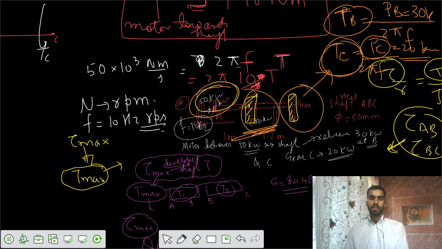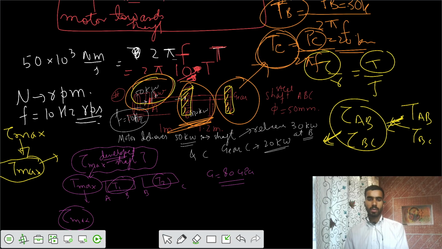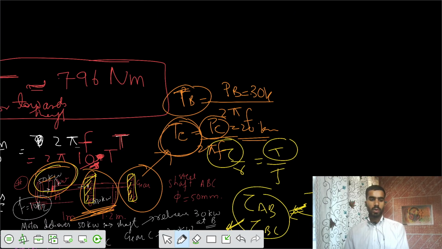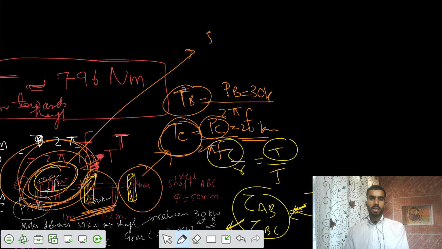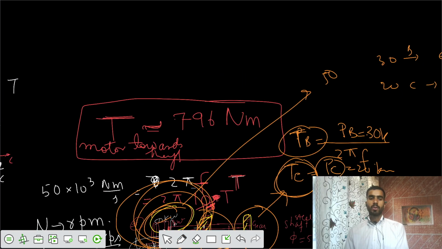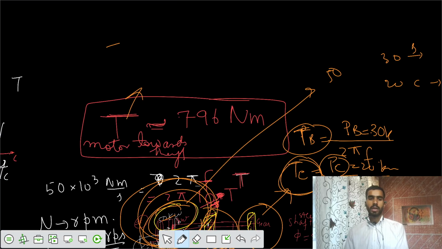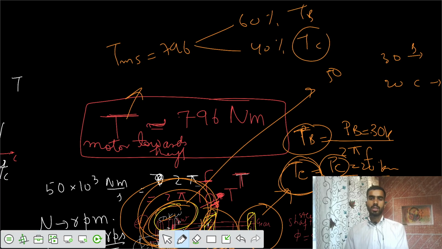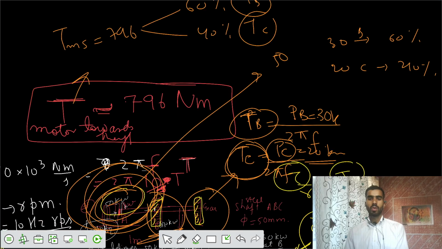Or in this other way, you can say out of those 50 kilowatts, 30 goes to B, and 20 goes to C. So this is your 60%, and this is your 40%. And you can say, if the torque developed at the motor and shaft is 796, then 60% of the torque is received by B, and 40% is received by C. So this way, or the other way, you can solve.